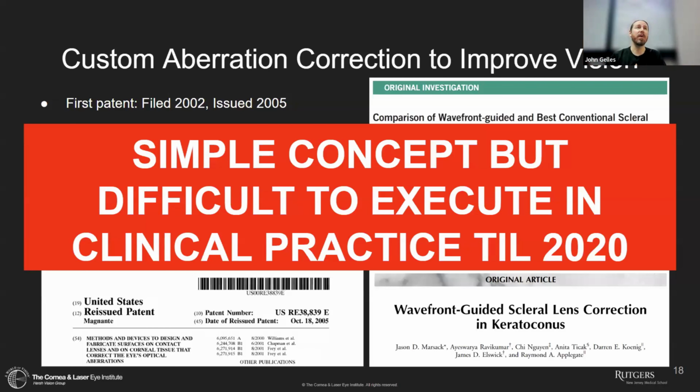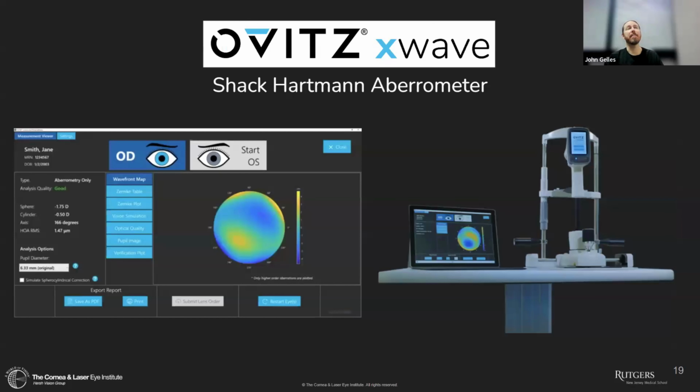Now, come 2020, Ovitz came out with the X-Wave system, which is basically a system fully developed to correct the higher order aberrations in scleral lens patients. So what we were doing was previously jailbreaking devices, trying to use that data, doing hand calculations, sending that information over to the laboratory to try and get them to cut it if they could.